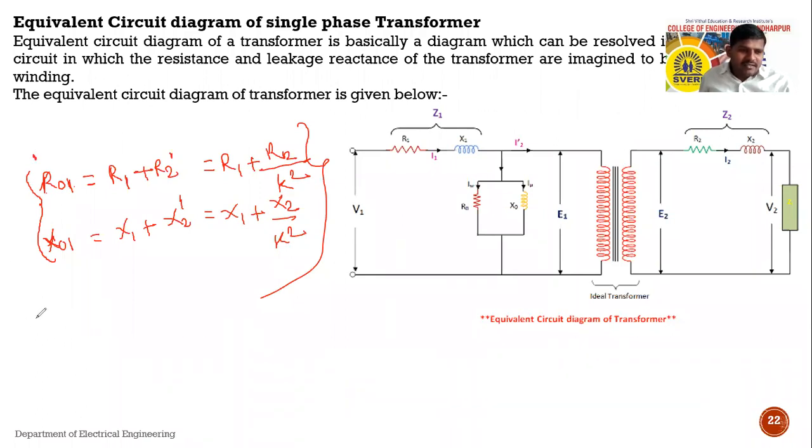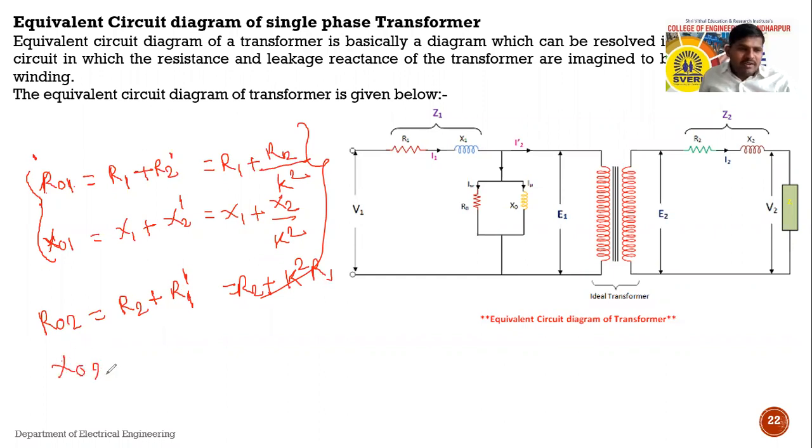Similarly, while finding the equivalent resistance referred to secondary, R02 is equal to the secondary resistance R2 plus the transferred value, that is R1 dash. What is the value of R1 dash? K square into R1, right?